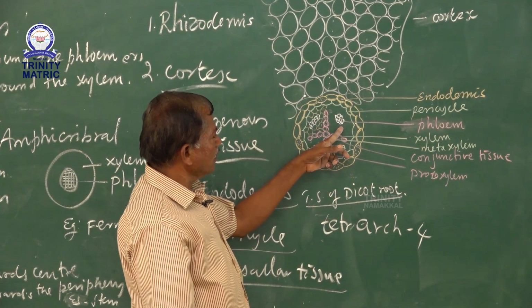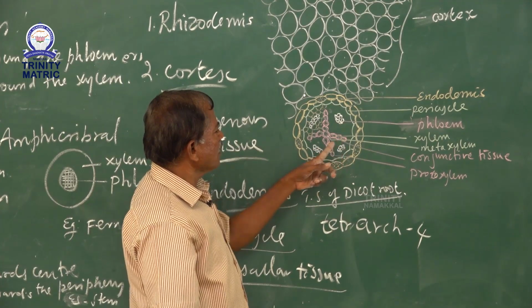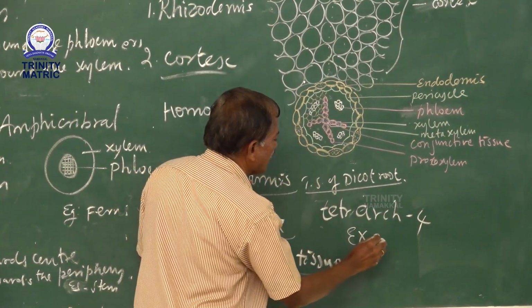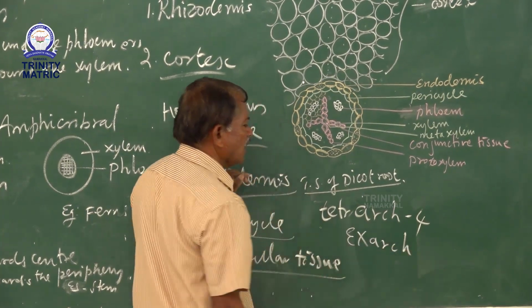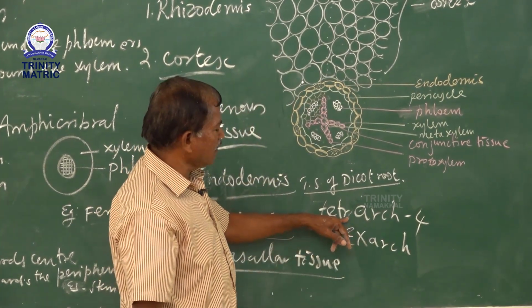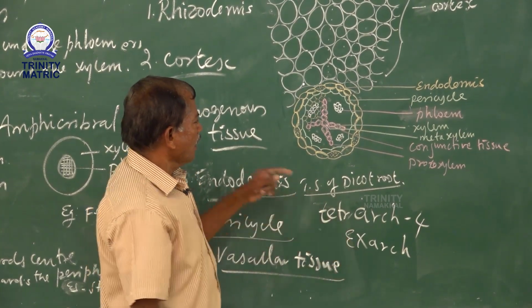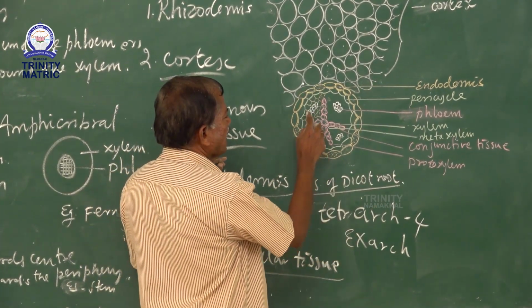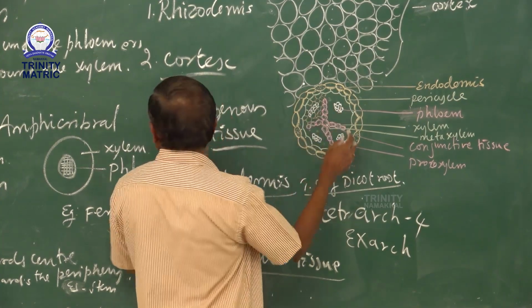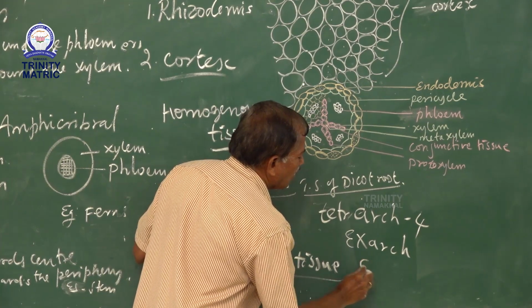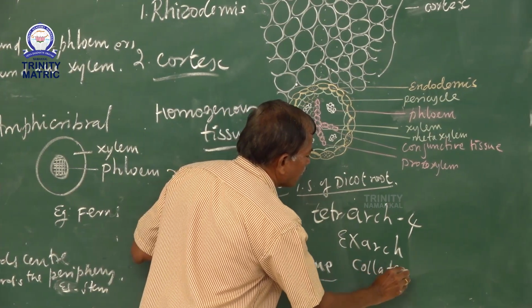The protoxylem faces towards the outer side, which is called the exarch condition. The phloem is arranged alternate to the xylem, termed a collateral vascular bundle.